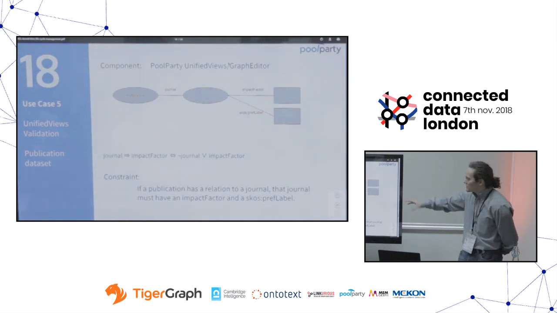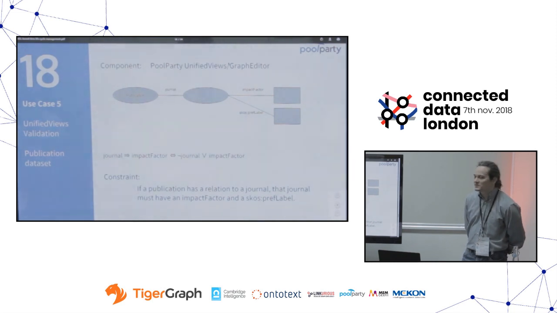So it's not directly related to SHACL itself. In this case, it would be a necessary condition. Yeah, because that was more my question, because if you compare SHACL with OWL, that's one of the big differences.